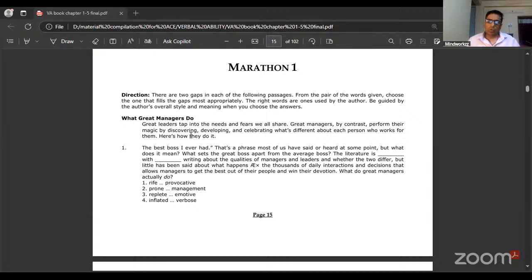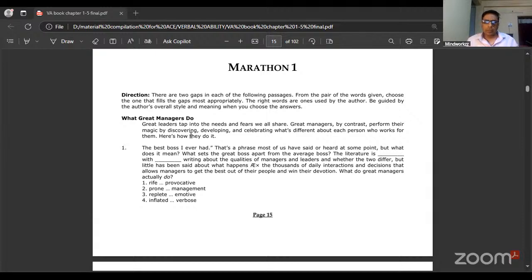So instead of creating an exercise on different paragraphs, I have created an exercise on an article published in a leading management magazine.